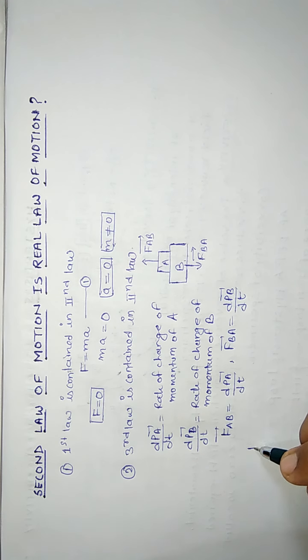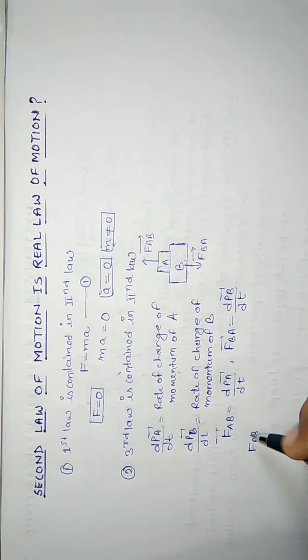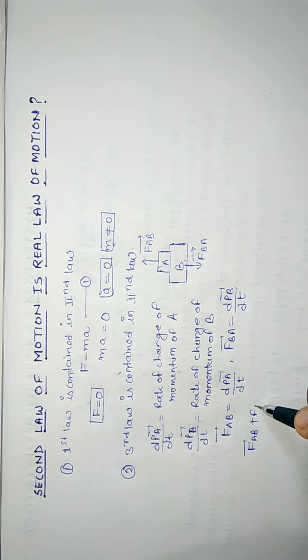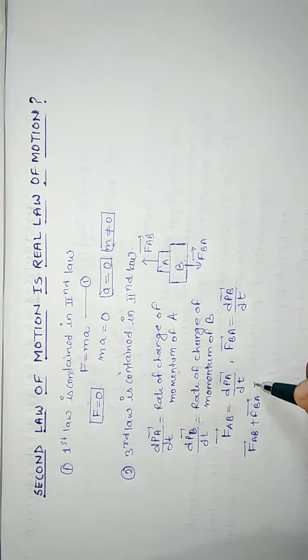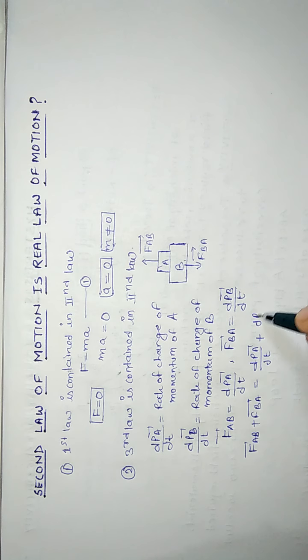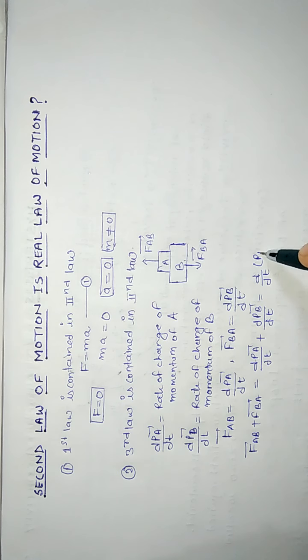Now the total force FAB plus FBA is equal to dPA upon dt plus dPB upon dt, or d upon dt of (PA plus PB).